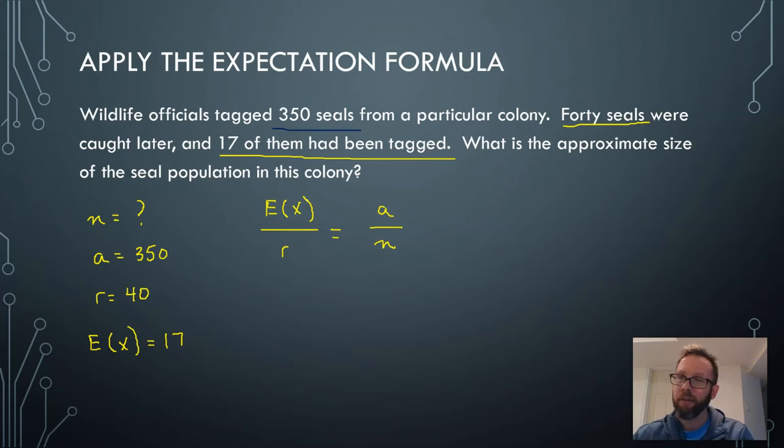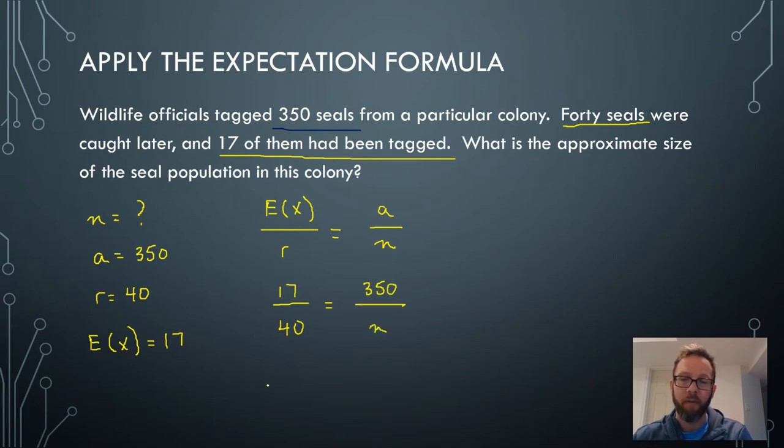E of X is like what we expect the number of successes to be in the sample size. And here it's tagged animals. And we know 3 of those 4 things. So in our problem, we know 17 is the tagged number of seals out of our 40 that were tagged. 350 were tagged, and we're looking for n.